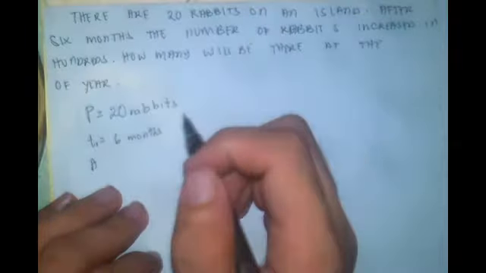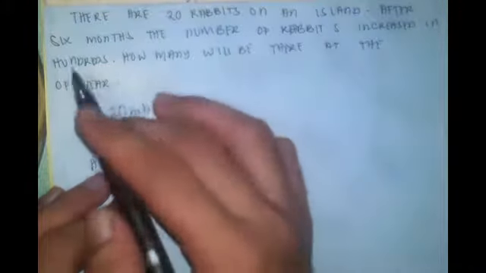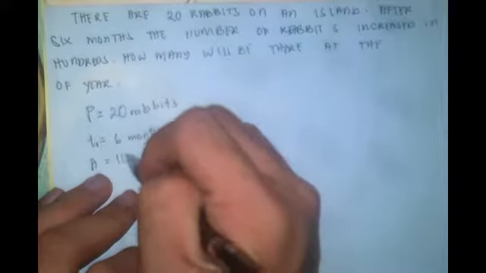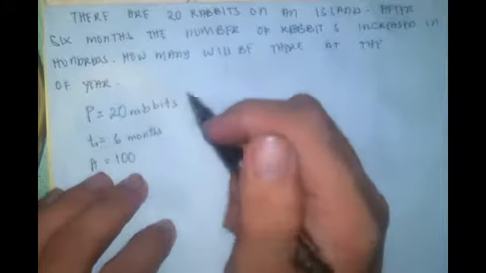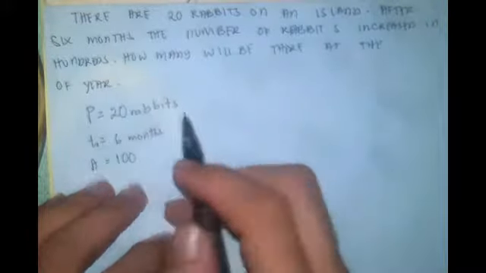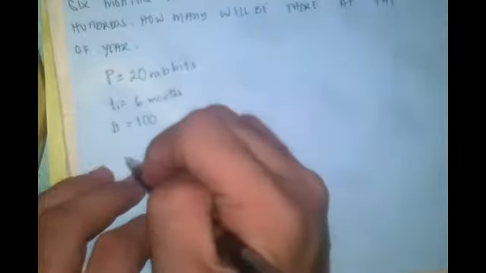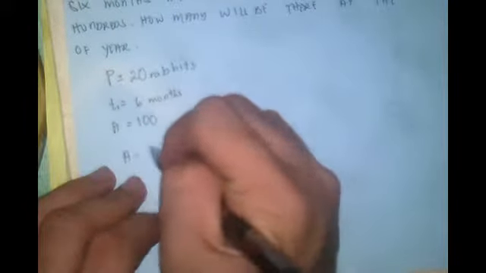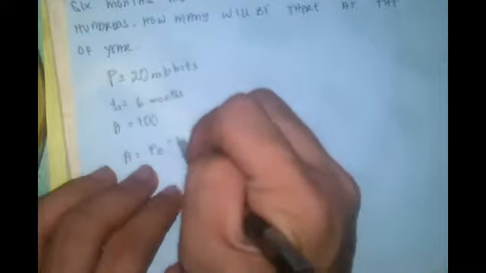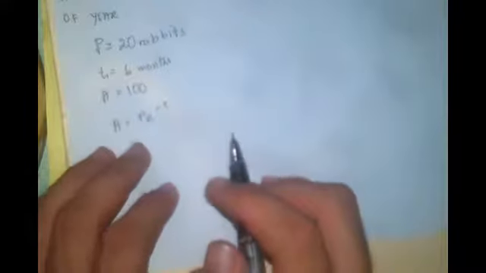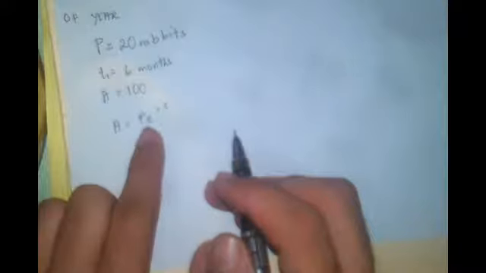Then A increases to 100. To solve the rate of growth, A = Pe^(rt), where A is the final population, P is the initial population, e is Euler's number, r is the rate of growth, and t is the time gap.